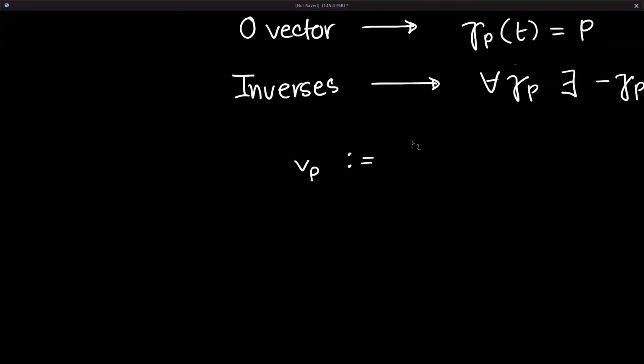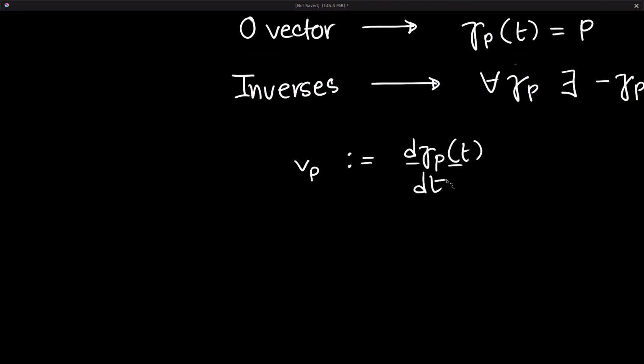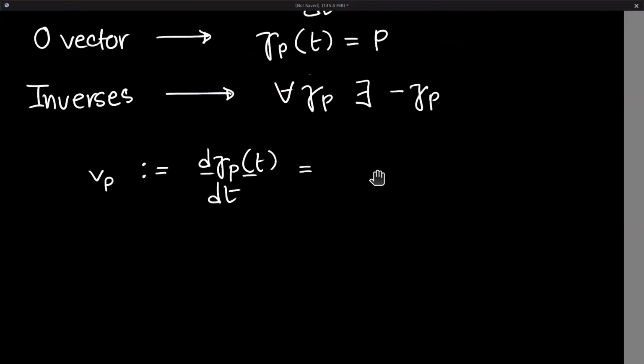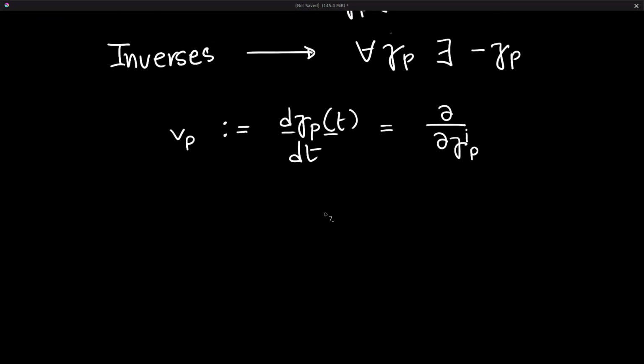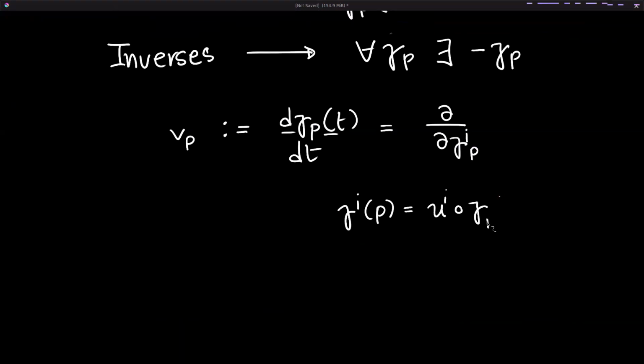So it's some d gamma p of t dt, but we can decompose that using our understanding of the chain rule. So this turns into partial gamma I. So gamma I is the ith coordinate of gamma. You could think of that as gamma I of p is equal to u i after gamma p of t.